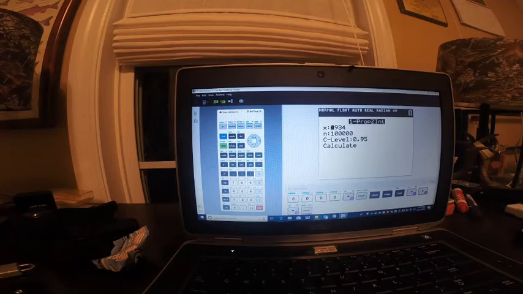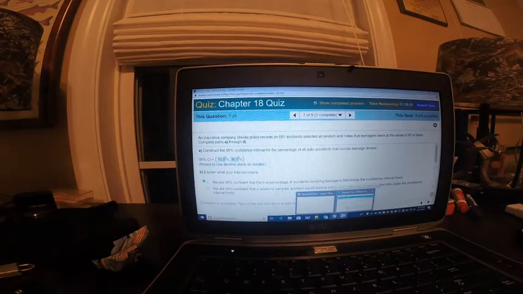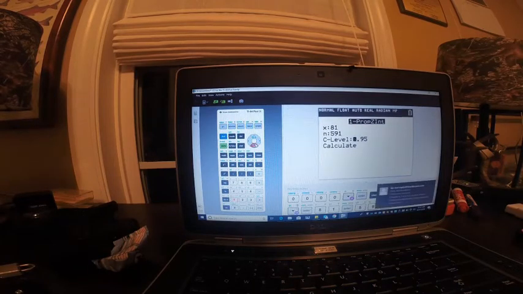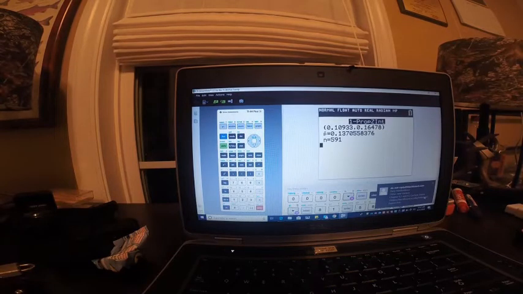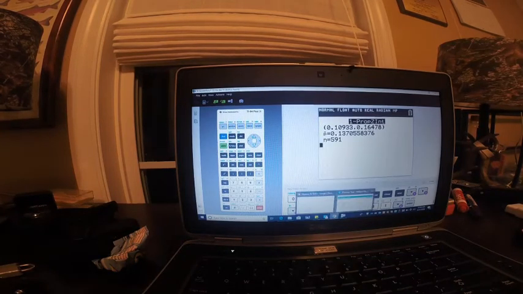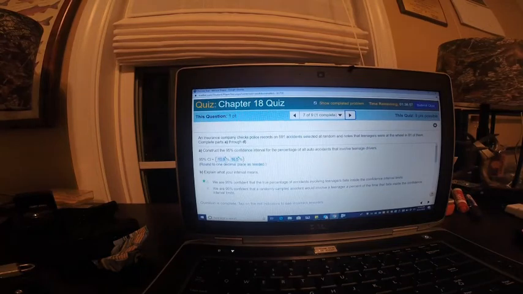Alright, our X is 81, and our N is 591. And I've got another email, how about that? Alright. 95% confidence interval here, and it goes from 10.933% to 16.478%, which is exactly what we have here rounded correctly.